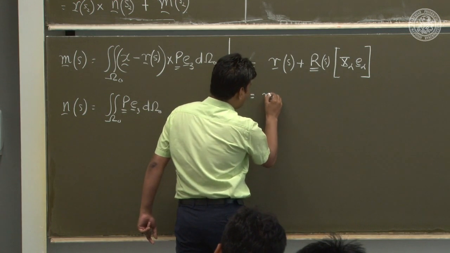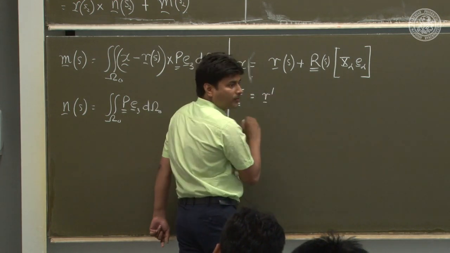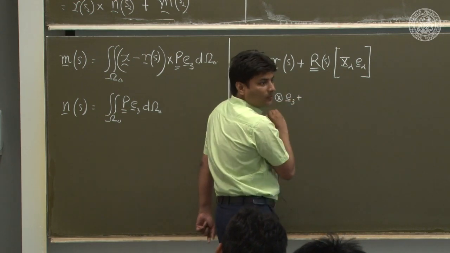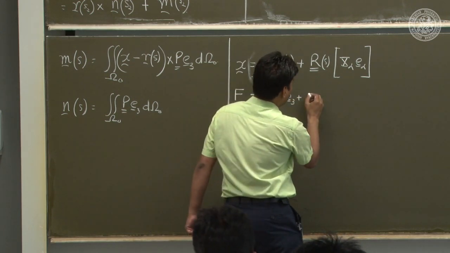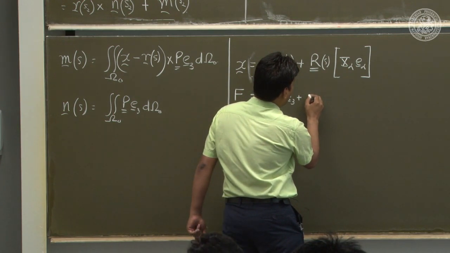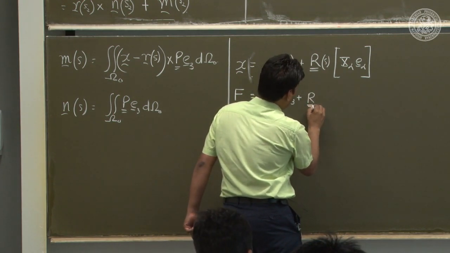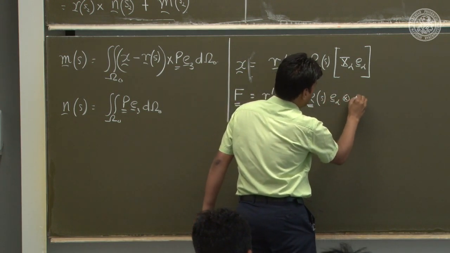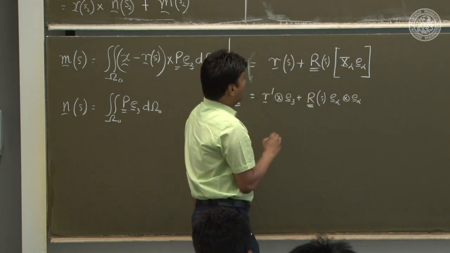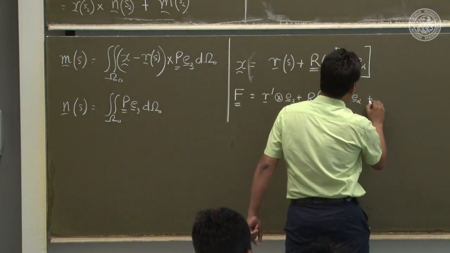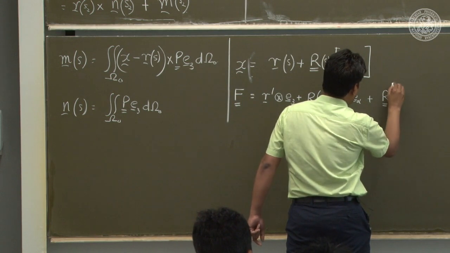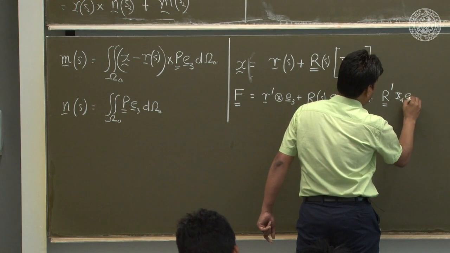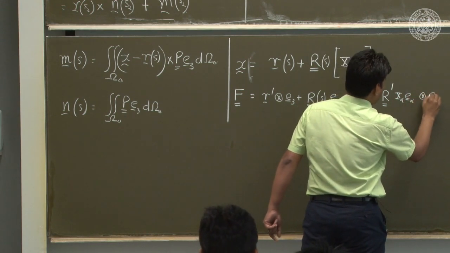That's going to be small r prime tensor product E3, plus big R of S E alpha tensor product E alpha, plus big R prime x alpha E alpha tensor product E3.